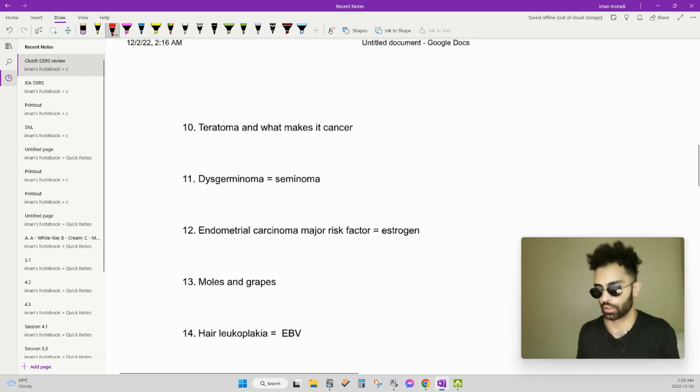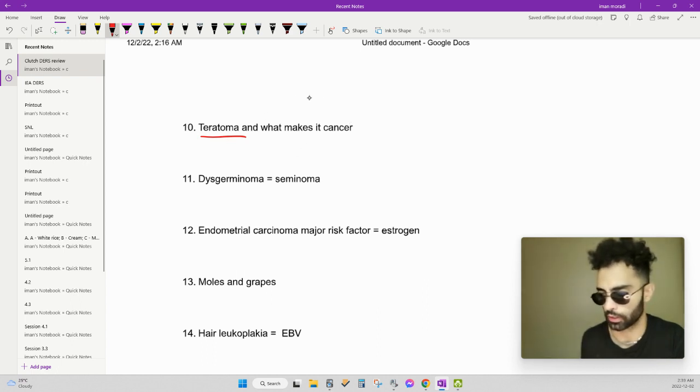All right, for teratomas, remember that teratomas can be mature or immature. If they're immature, they're more likely to have neuroendocrine tissue, and they can also have some thyroid tissue. They can give you hyperthyroidism like that, and even the mature ones can have squamous, can have skin tissue, right?